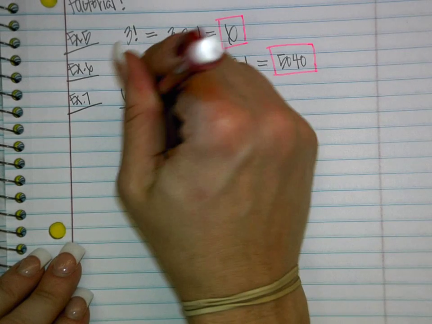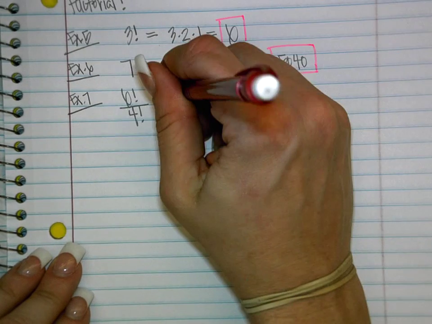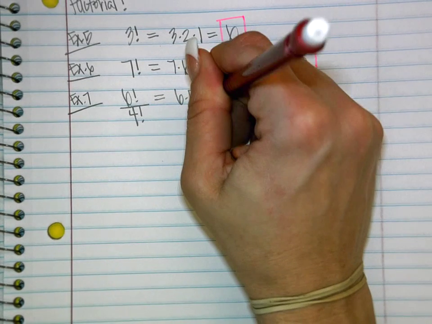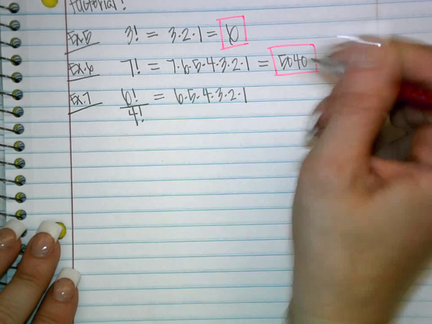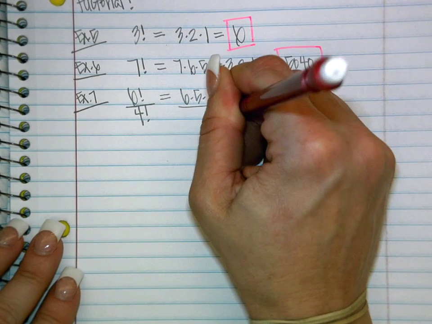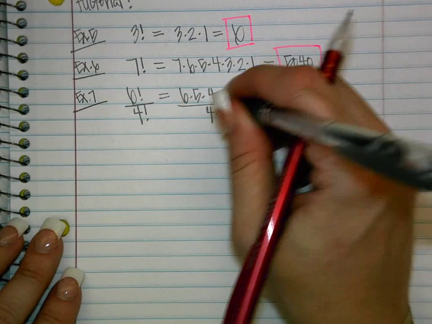The easiest way to do this is to think of 6 factorial as what numbers multiplied together? 6 times 5 times 4, 3, 2, 1, divided by 4 factorial, which is 4 times 3 times 2 times 1. What do you notice is going to happen here? These go away.